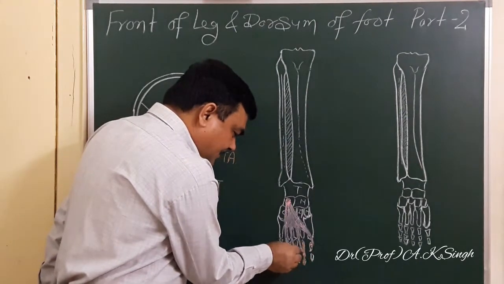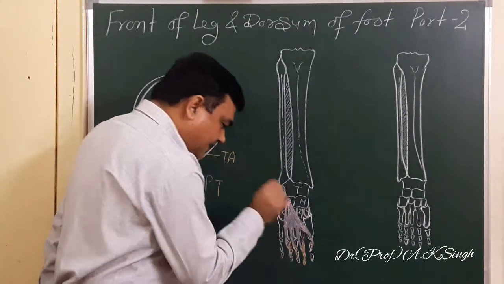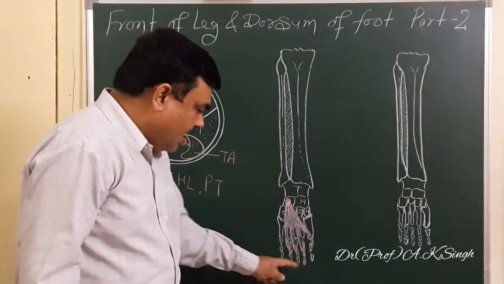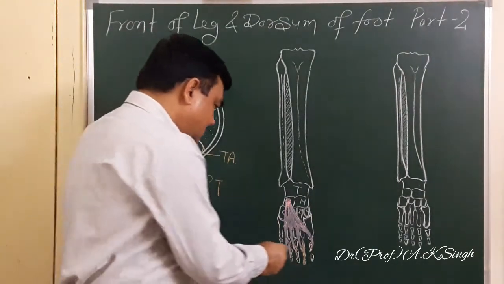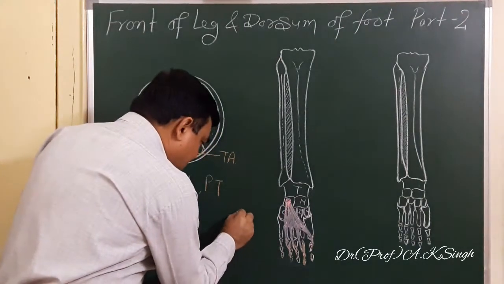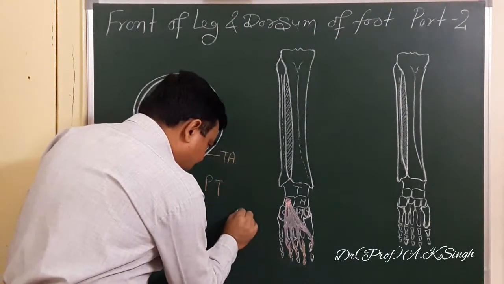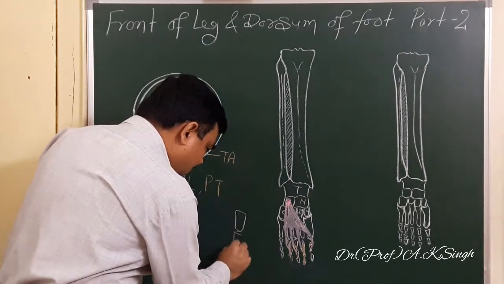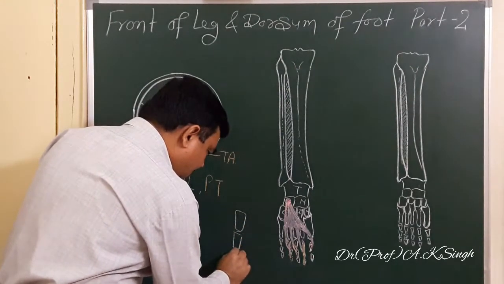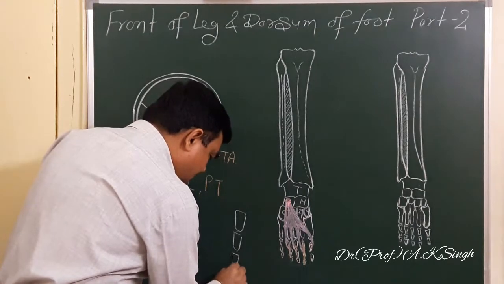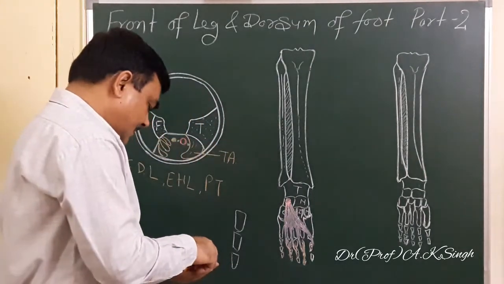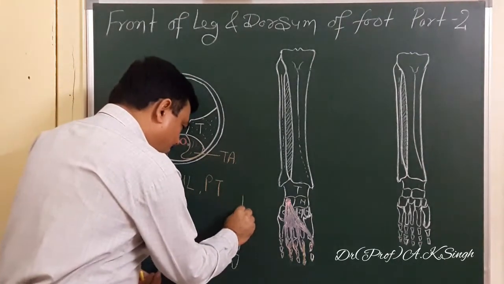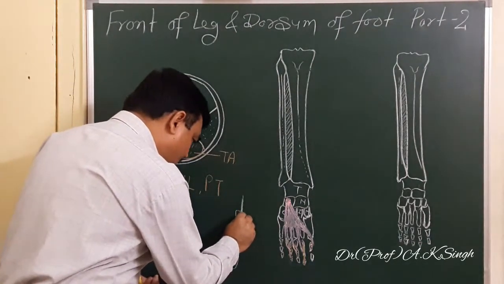It inserts here, here, and here. And extensor digitorum longus inserts like this. Here is the proximal, this is the middle, and this is the distal phalanx. And here is the position of the tendon of extensor digitorum longus.